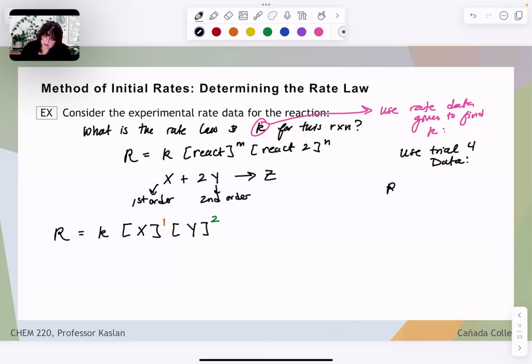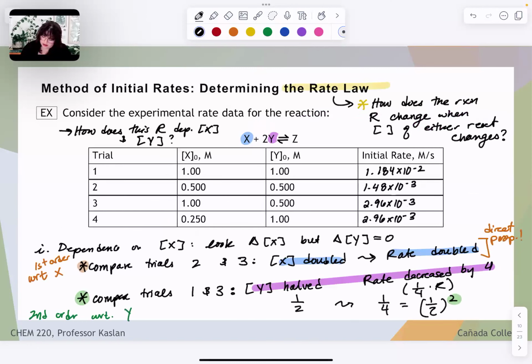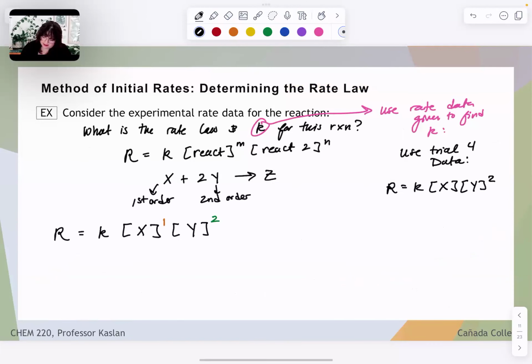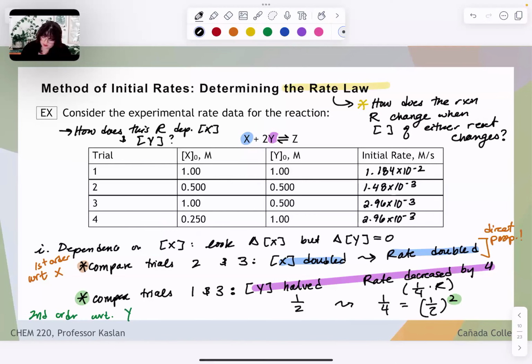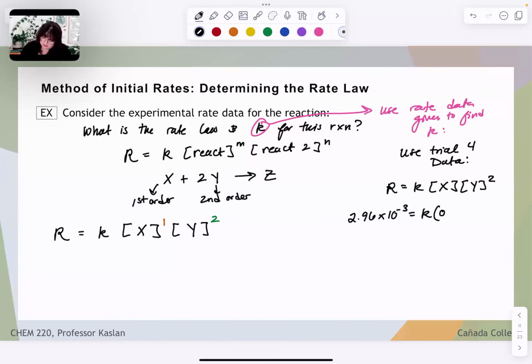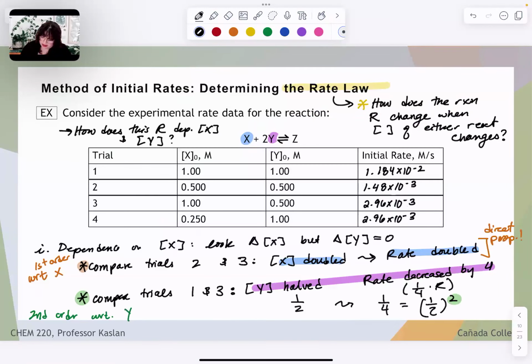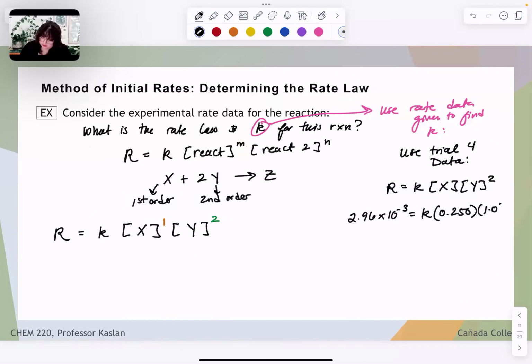So we're going to use trial 4 data. So we have R is equal to k, concentration of X, concentration of Y squared. The rate in trial 4 is 2.96 times 10 to the negative 3. That's equal to k times the concentration of X in trial 4, which is 0.250, times the concentration of Y, which is 1 squared.